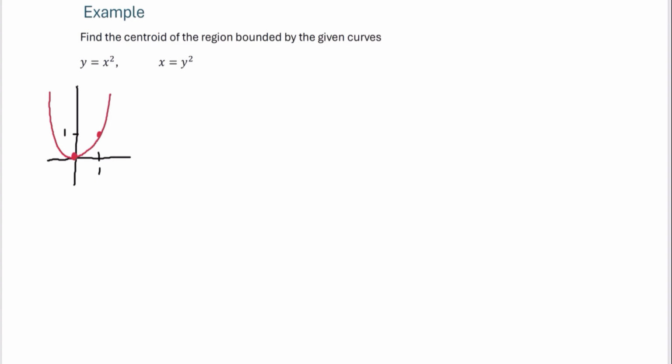And then the other curve is x equals y squared. Again, that's a parabola, but it's opening to the right. Vertex again at the origin. And so the region bounded by those two curves is this area here. Let's find the centroid of that region.